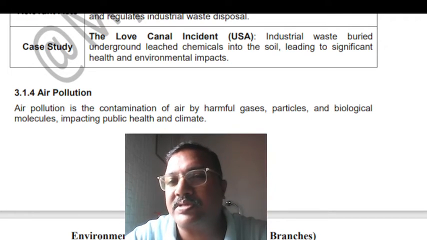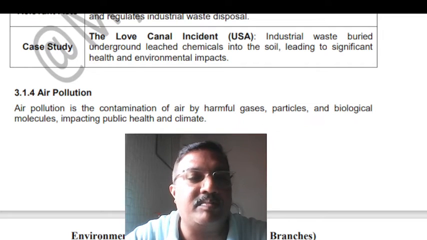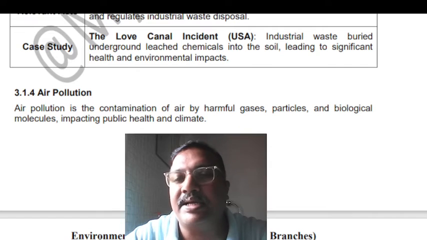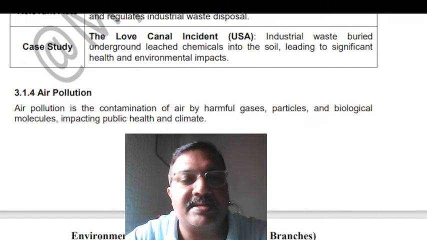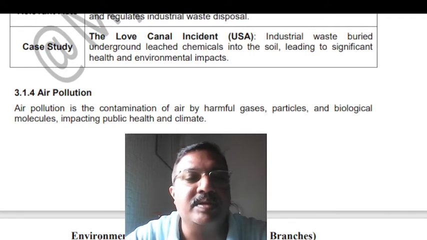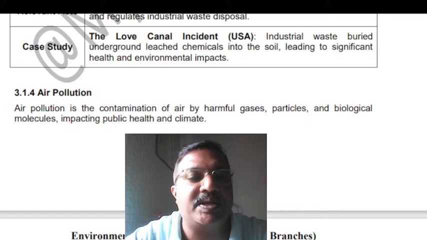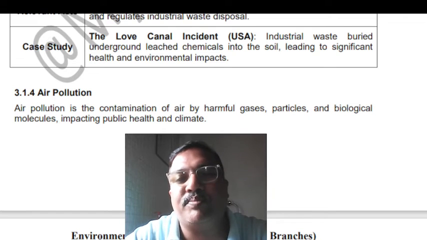Now, what response did the United States government give? They declared the area a disaster zone. They evacuated the residents and worked together to clean the soil. This incident raised awareness throughout the world about the importance of proper waste management to prevent soil pollution.